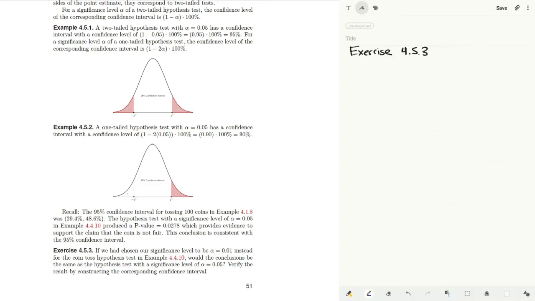Now let's suppose that we had chosen 0.01 for the significance level in the coin toss hypothesis test. Would we have made the same conclusions as for the 0.05 significance level? Well, if the alpha level was 0.01, our p-value, which is 0.0278, is greater than alpha.